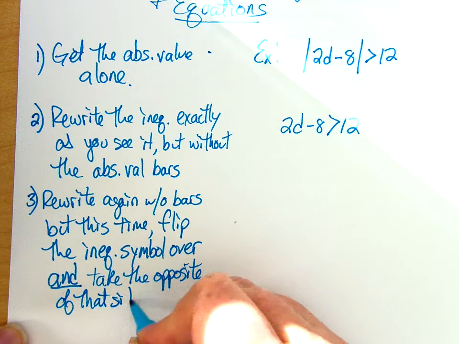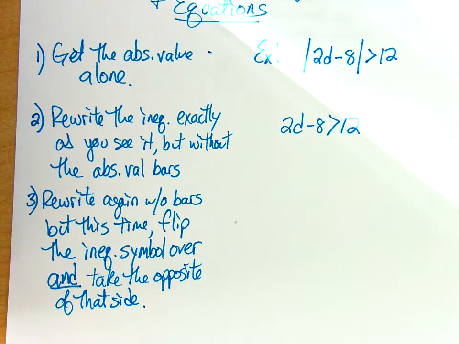What are you even talking about, Miss Sabia? Don't worry. I'll explain it in just a minute. So let me give you a second to jot that down, and then I'll show you in math what I mean.